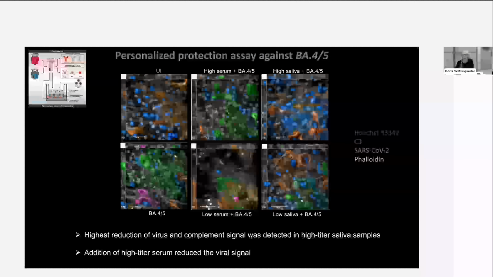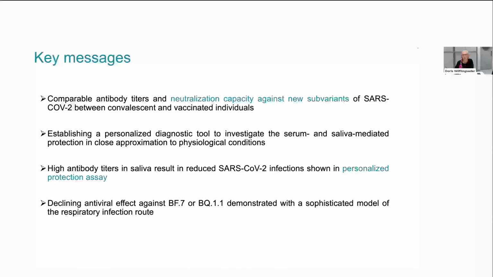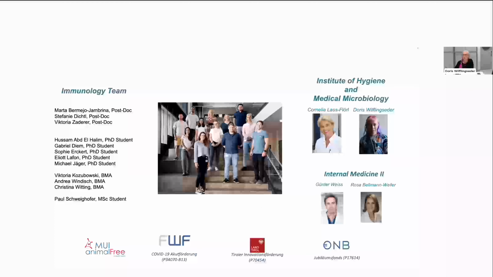So we think that this system is really nice to test in a personalized manner the capacity of IgAs or IgGs in terms of their neutralizing capacity. I think this is quite a nice physiologic model to get a good result on the neutralization of such samples.